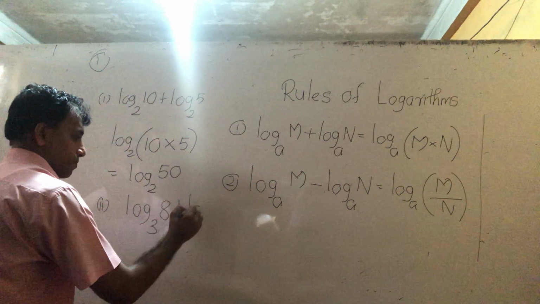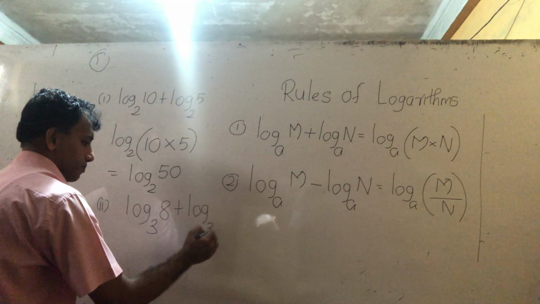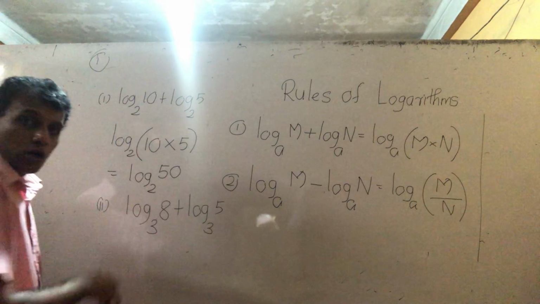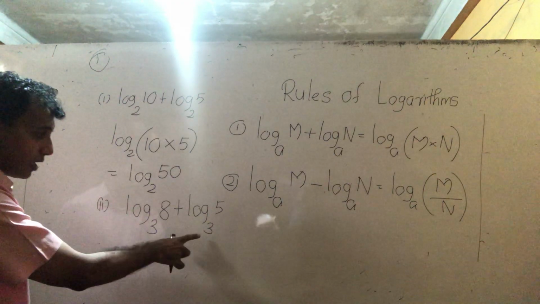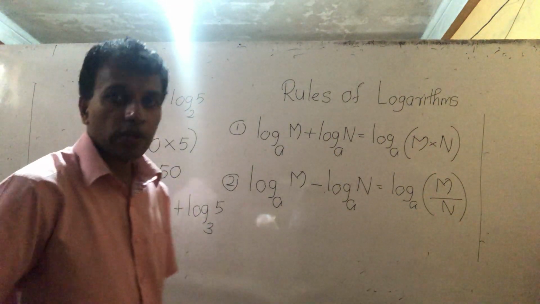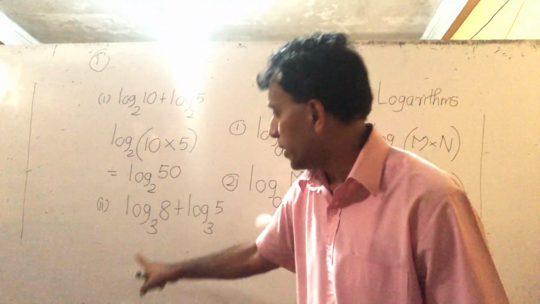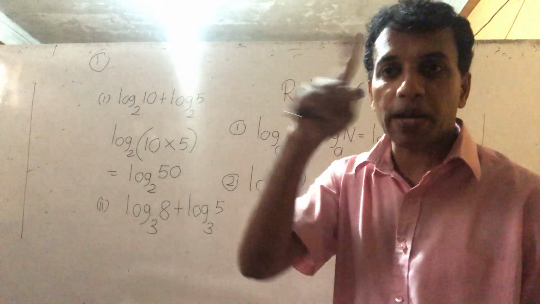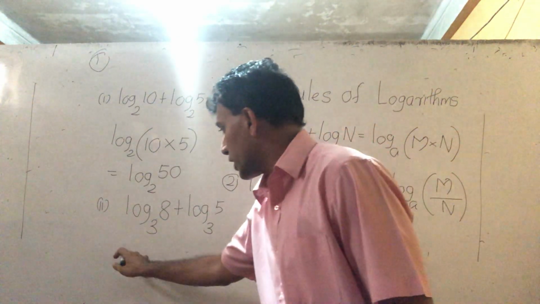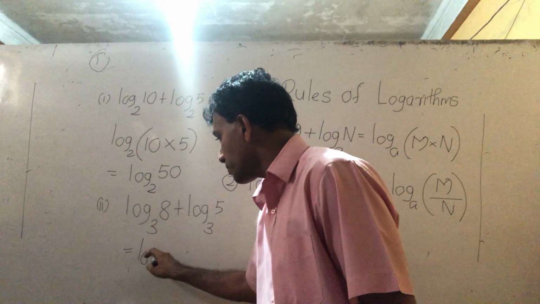Next question. Logarithm base 3, 8 plus logarithm base 3, 5. So we can work it. The same idea. Bases are same. Addition, then the rule says multiply. So it's equal to what? Logarithm.